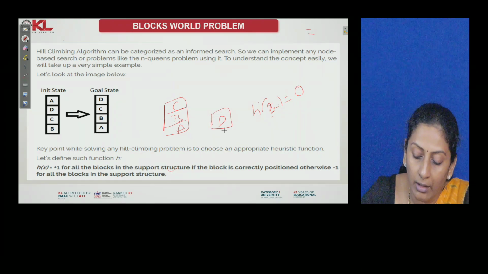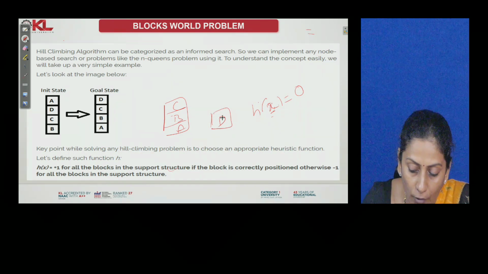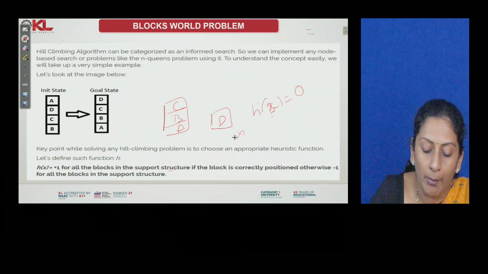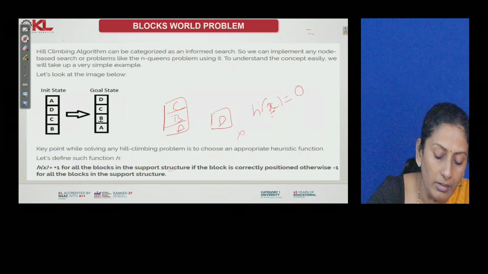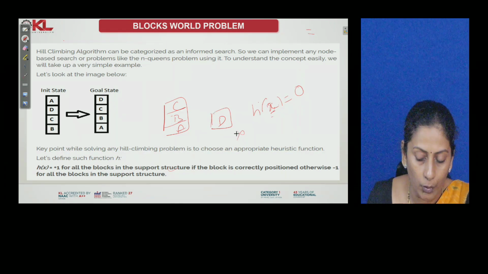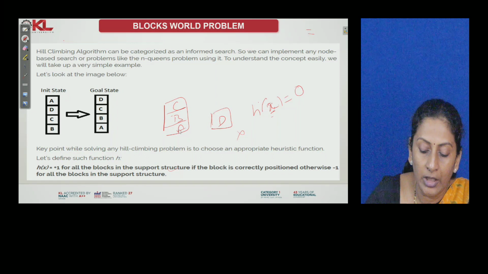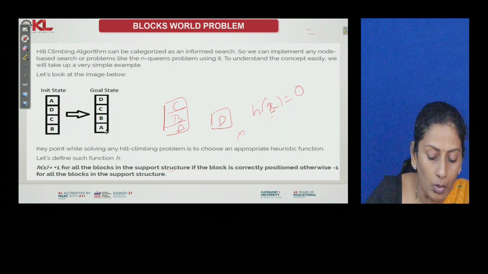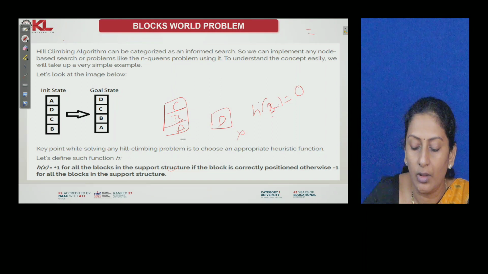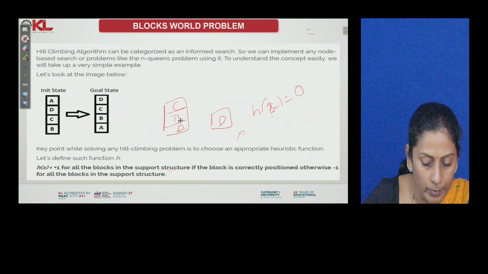In the supporting structure of block D, in the current state there are no blocks, but in the goal state there are 3 blocks, so we need to do nothing. Coming to A, in the goal state there are no blocks, and here also there are no blocks, so nothing to do.